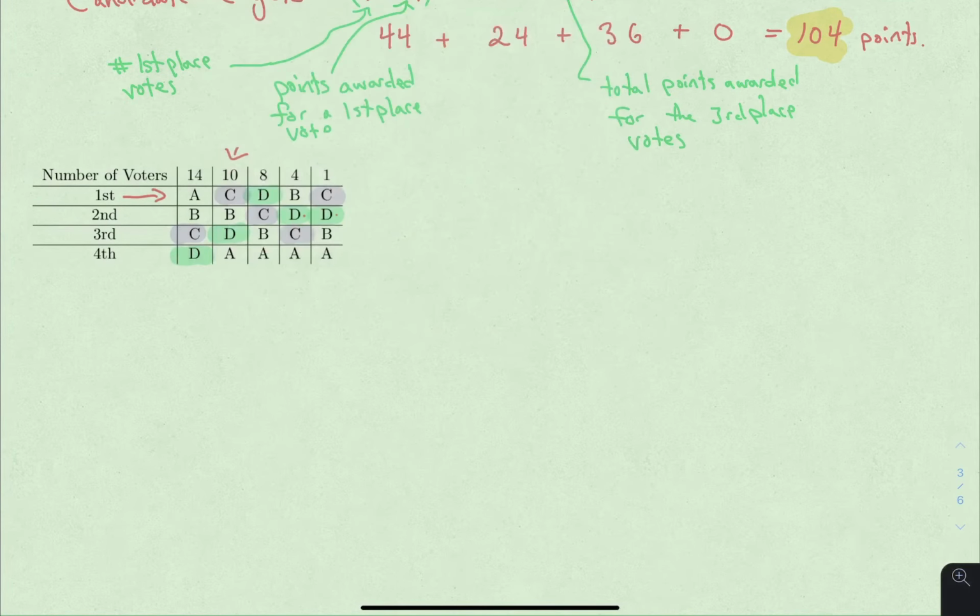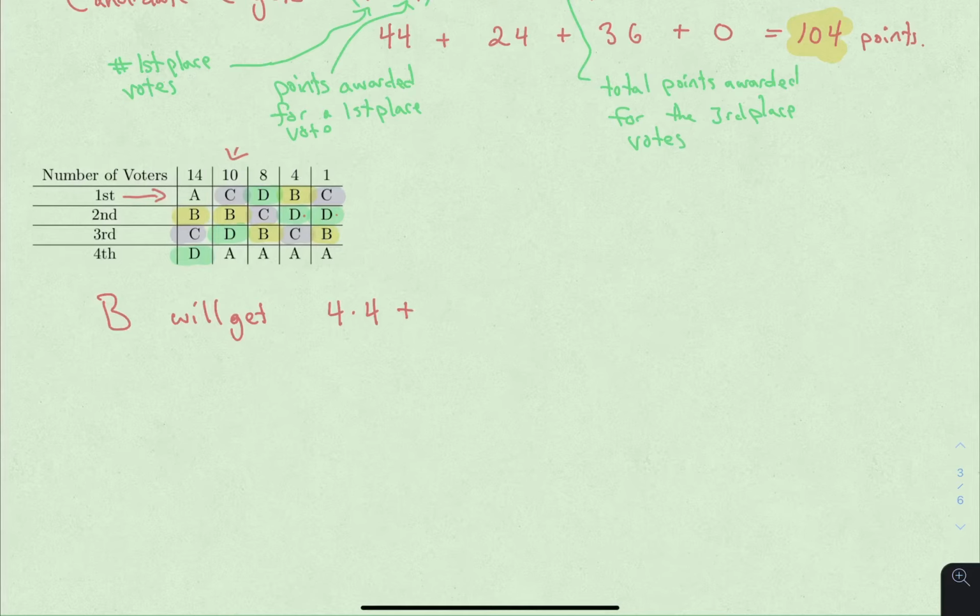Switch back. So B will get, so we need to count. Well, let's just observe where B is. B will get 4 first place votes. Each one is worth 4 points.